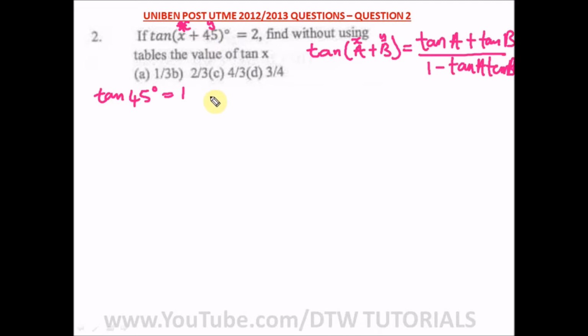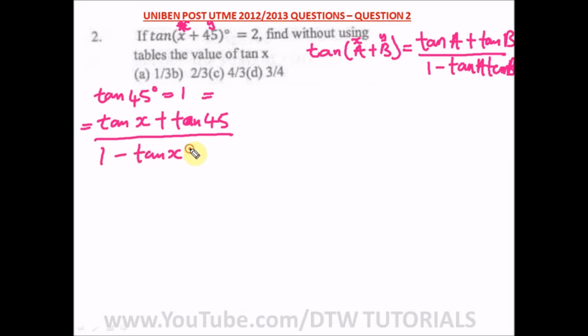So what do we have here? We have tan x plus tan 45, divided by 1 minus tan x times tan 45.